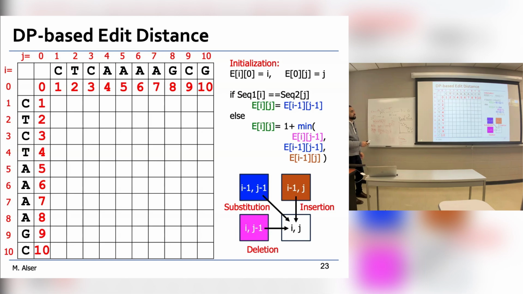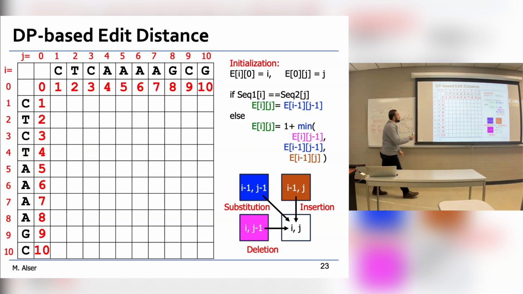The figure mentions the index i minus 1, j minus 1, which is this one. It means if the two characters are the same, then I'm going to copy the value, whatever the value is here, to here.